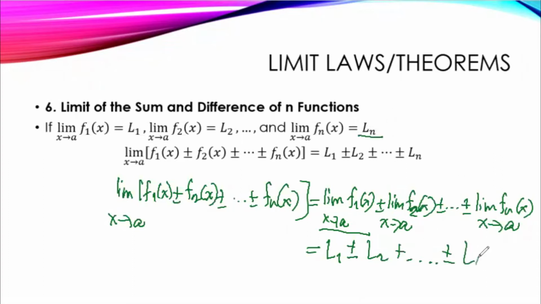So this is how we get this formula, how we come up with L sub 1 plus or minus L sub 2 up to L sub n. Okay, as an application, we have here an example.